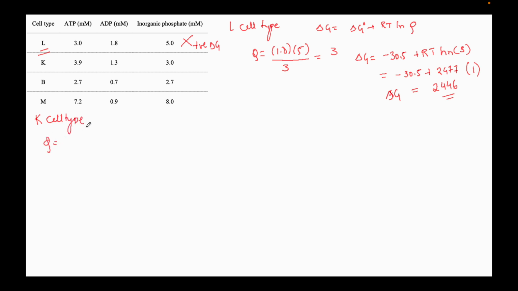For K, we'll compute the reaction quotient. It will be 1.3 into 3 upon 3.9, and it will be 1. Okay, this will be 1. Does anybody know what the natural log of 1 is?